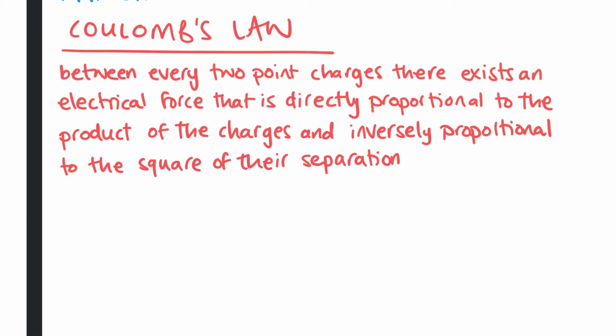So let's translate that into an equation just like we did with Newton's Law. We have F is proportional to the product of the charges, so we'll call that Q1 and Q2, and inversely proportional to the square of their separation, so we have divided by R squared.